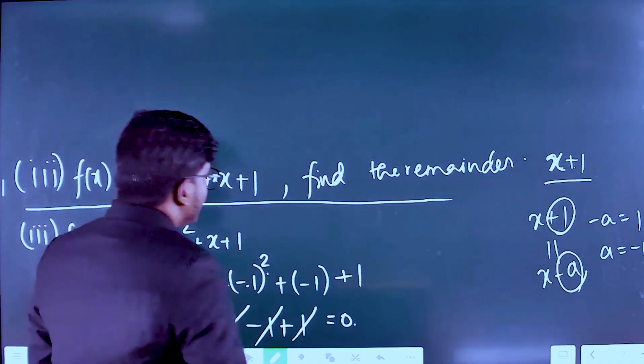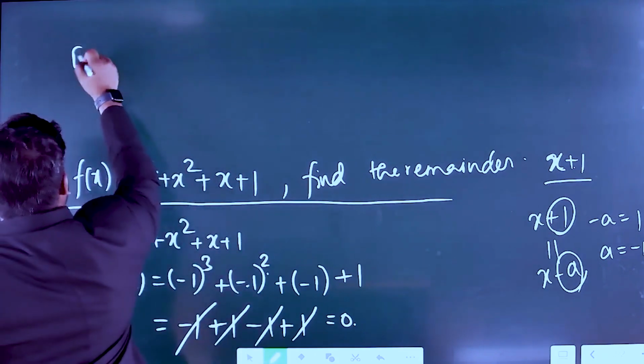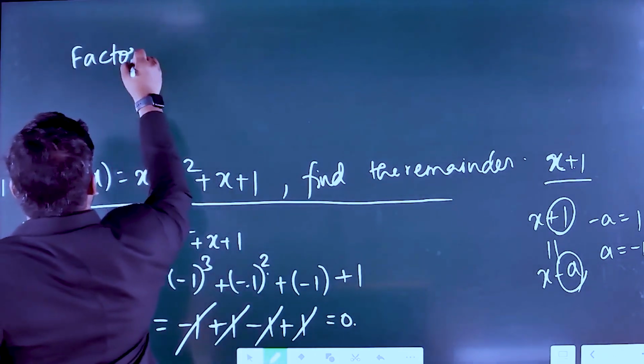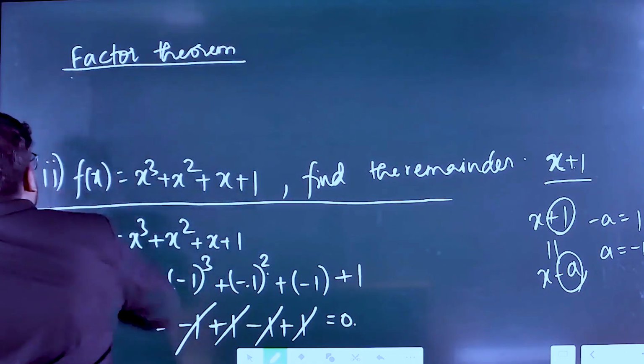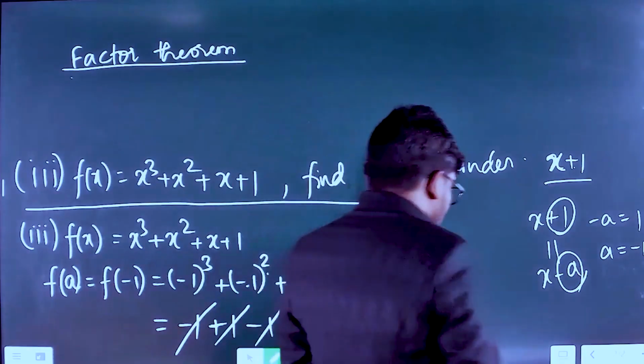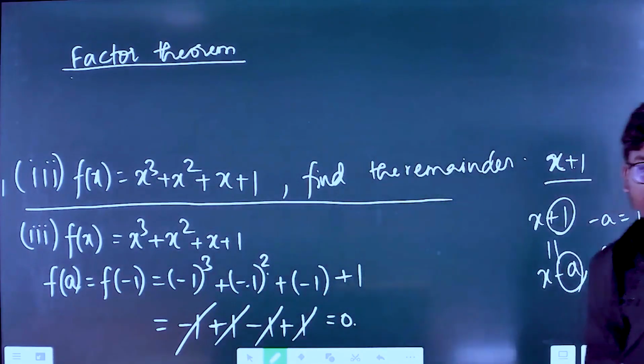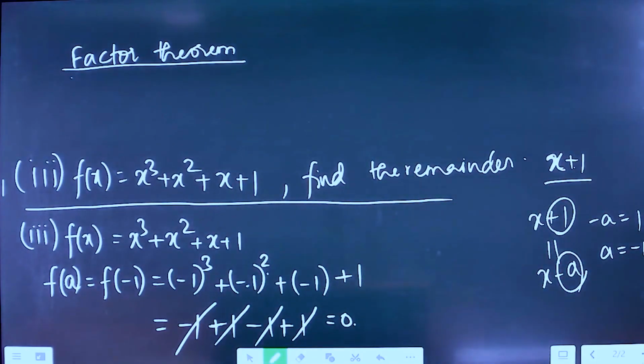So the remainder being 0 is a special case of the remainder theorem called the factor theorem. You can just take a screenshot or quickly note this. After that, I'll explain the factor theorem.